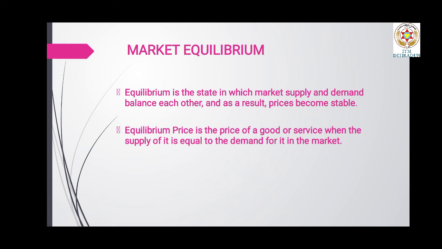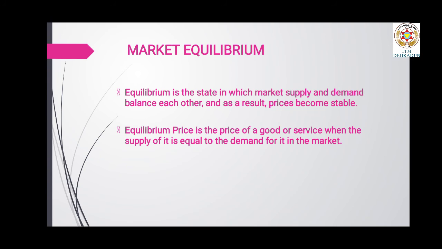When the market demand curve and the market supply curve strike a balance, we get the equilibrium in the market. So, equilibrium is the state in which market supply and market demand balance each other, and as a result, prices become stable. The equilibrium price is the price of a good or service when the supply of it is equal to the demand for it in the market.